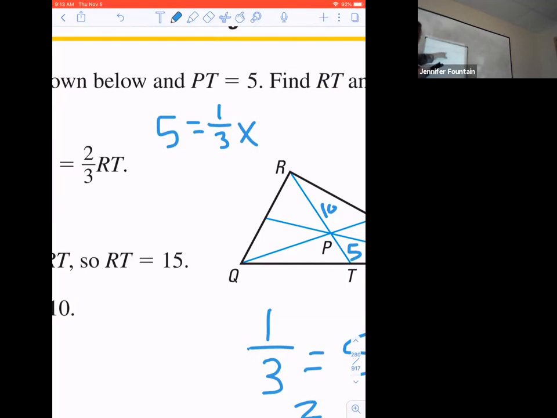It's a fraction, which is what kind of operation? It's division, so I have to undo it using multiplication, so I'm going to multiply by the denominator. So if I multiply both sides by 3, 3 times 5 is 15, and then my 3's cancel out here, so 15 equals X.